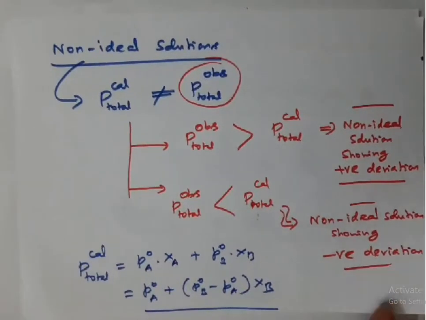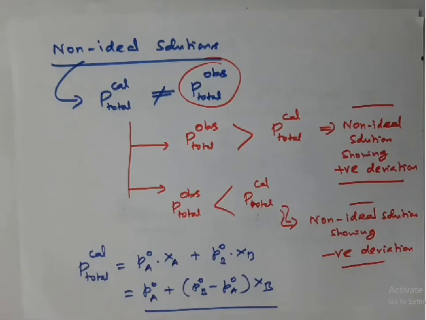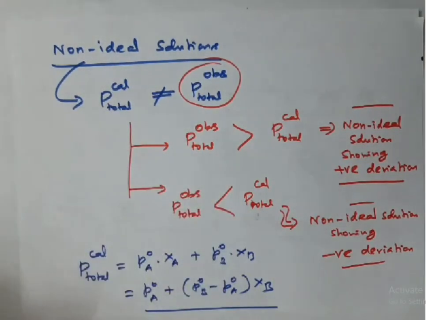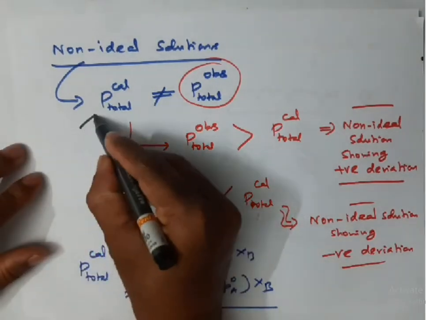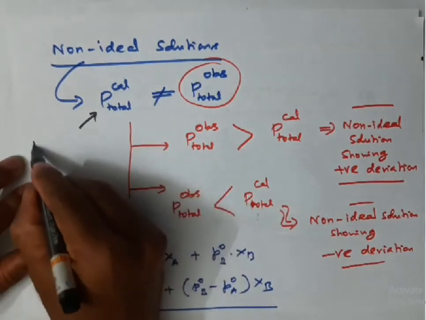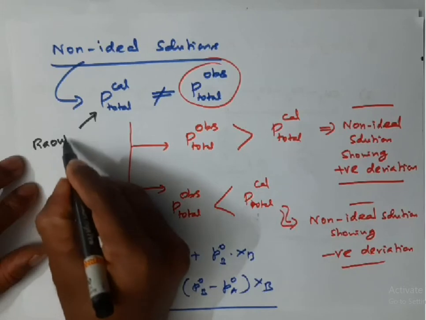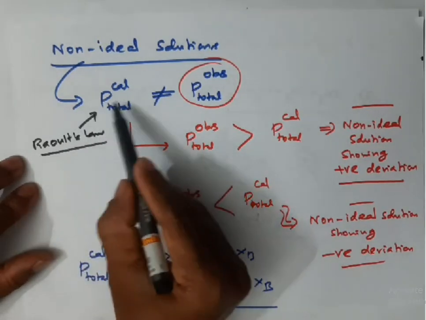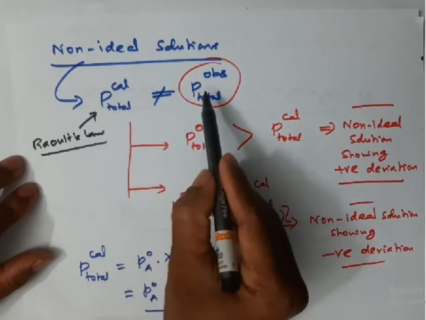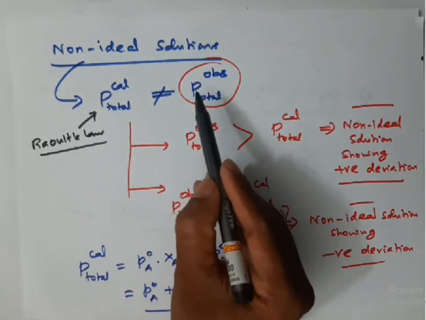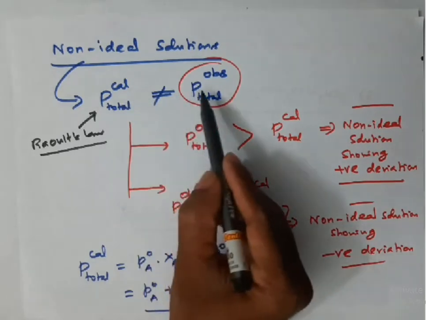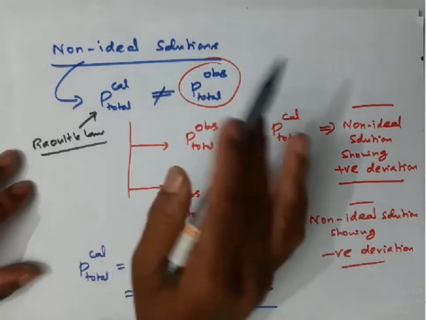Right. As I told you in the last class, in a non-ideal solution, the total pressure calculated using Raoult's law and the experimentally measured total pressure are not equal.